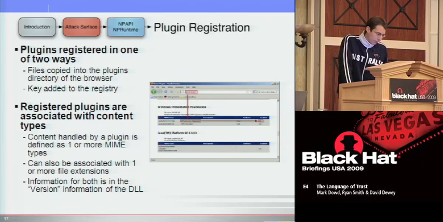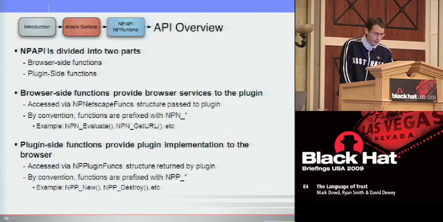So registered plugins with the NPAPI are typically associated with content types, and they do that by associating it with either one or more MIME types, or you can associate it with one or more file extensions. This information is contained within the version information within the DLL of the plugin object.